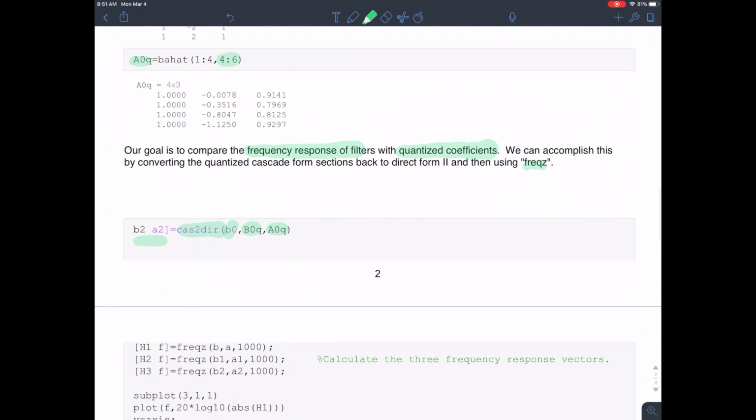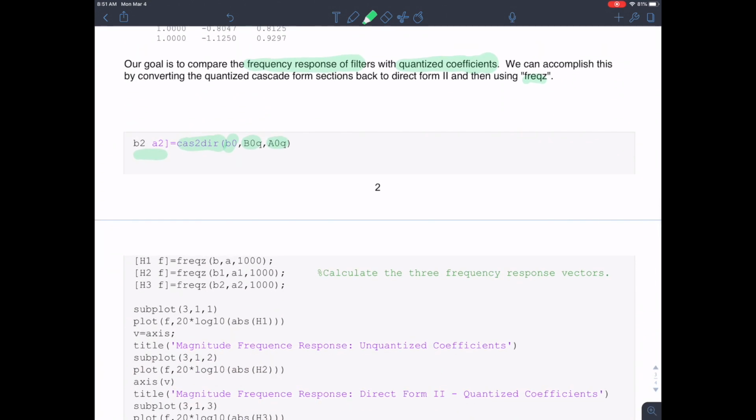All right, and so from there we can calculate the frequency responses and make a comparison. Okay, so in the first frequency command, freq command, I think I said filter command before when I was talking about frequency response. I meant freq.